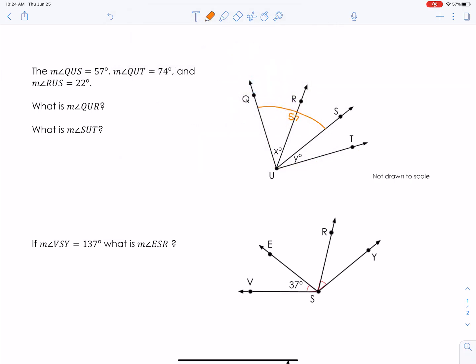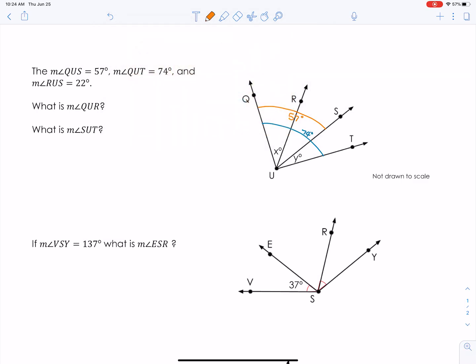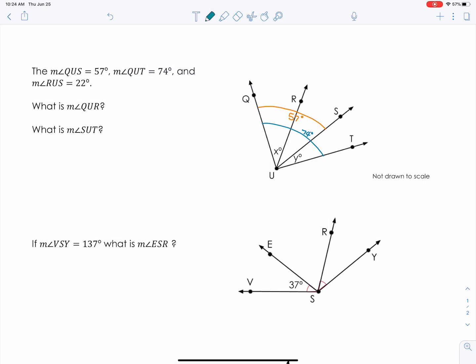So let's change colors. QUT is 74 degrees. And the measure of angle RUS, so just that small angle right there, is 22 degrees.